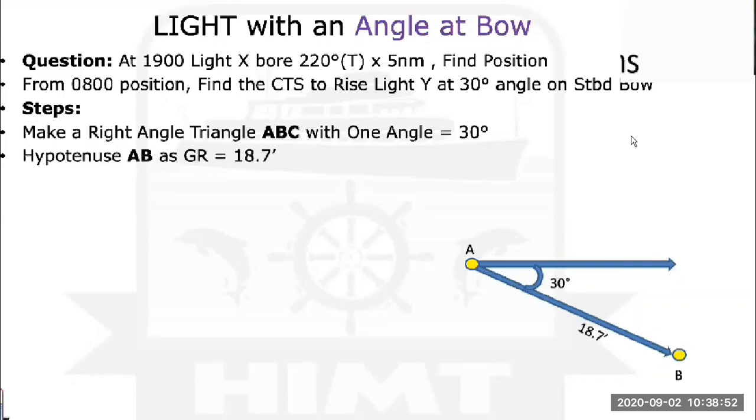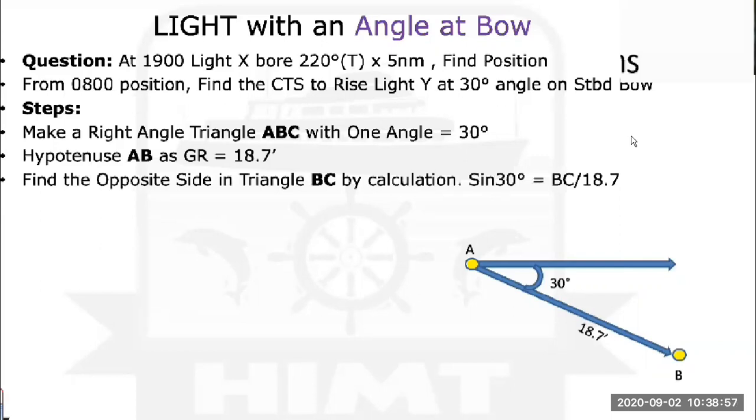So I know one angle, I know one hypotenuse. Can't I find the opposite side? I can find the opposite side by using sine theta. The BC value gives me 9.4 miles.